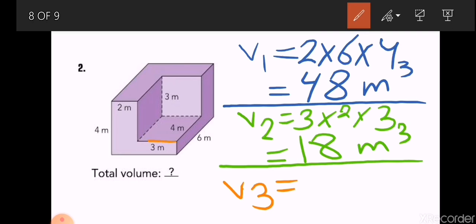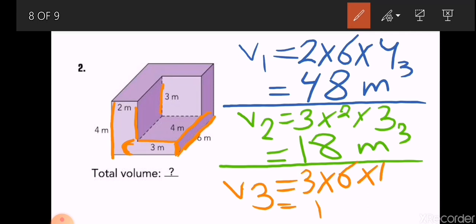Here the length of this part is 3, multiplied by the width of this part, which is 4, no sorry, it's 6 because it's completing, multiplied by the height. This part, the height is what? The total height is 4, this part is 3, so the rest here is 1, so that will give me 18 meter cubed.